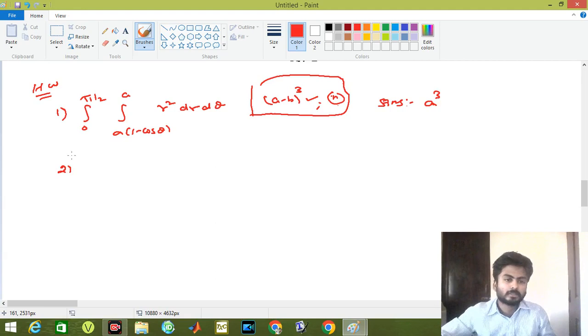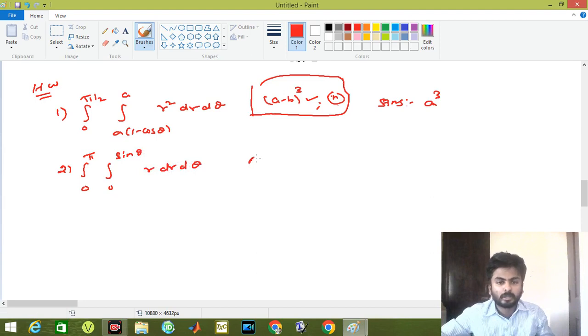The second problem is very simple. Integral 0 to pi, then integral 0 to sin theta, dr d theta, and for this the answer is pi by 4.